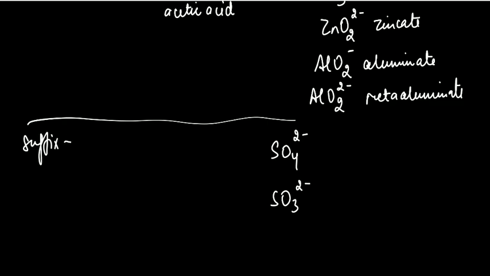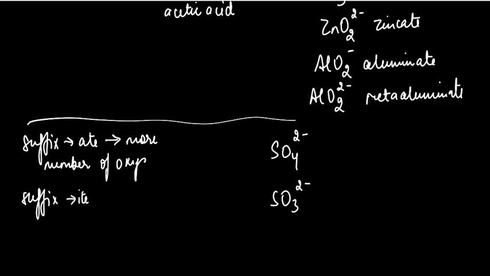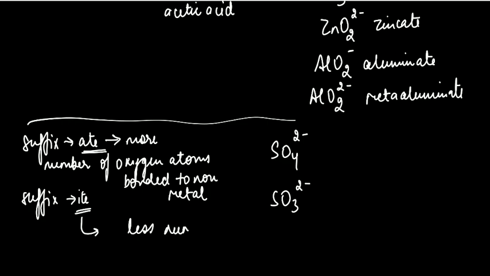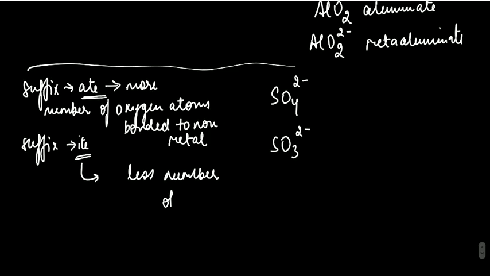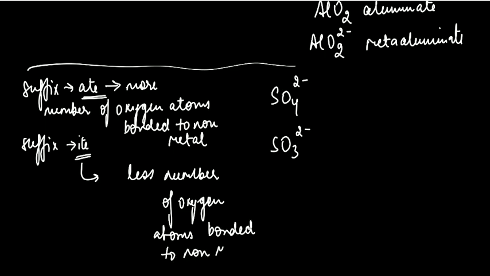The suffixes will be ate and ite. ATE stands for more number of oxygen atoms bonded to a non-metal, whereas ITE stands for less number of oxygen atoms bonded to a non-metal.